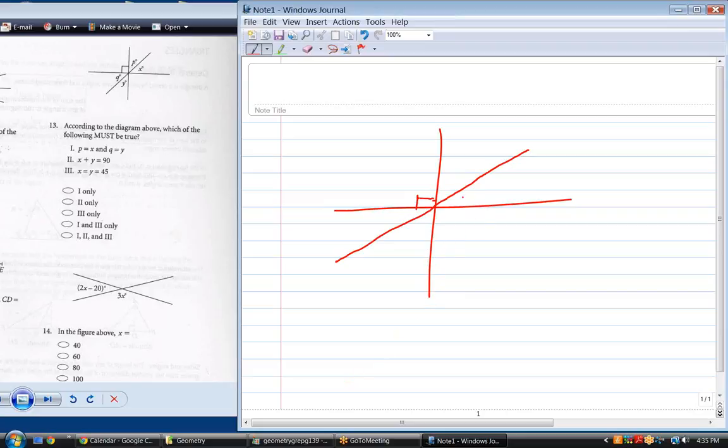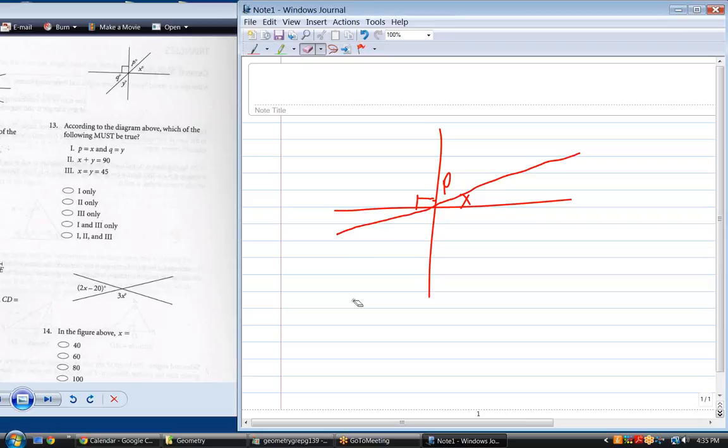But is this angle equal to that angle? It only is if this line bisects the right angle. What if I had drawn my line like this? Now is x equal to p?